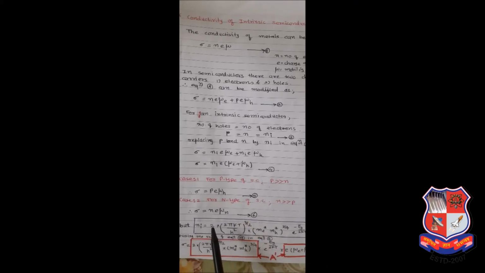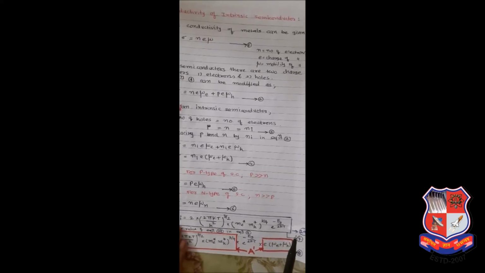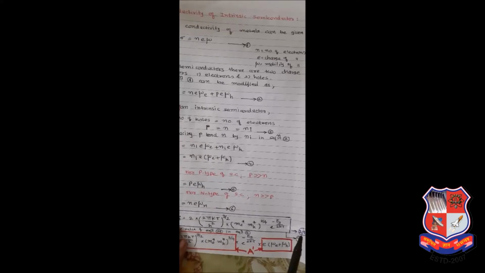Now we have derived in the last theory that ni for the intrinsic semiconductor is equal to 2 into (2 pi kT by h square) whole raised to 3 by 2, (me star mh star) raised to 3 by 4, into e raised to minus Eg by 2kT. Friends, if you recall, it was equation number 29 in the previous theory. Now I am giving it a new number, equation 7.